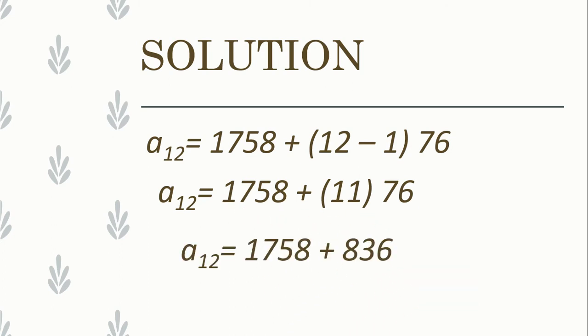And the product of 11 and 76 is 836. And that is added to the first term, which is 1758, and the 12th term is 2594, which is the same as our answer through the process of recursive sequence.